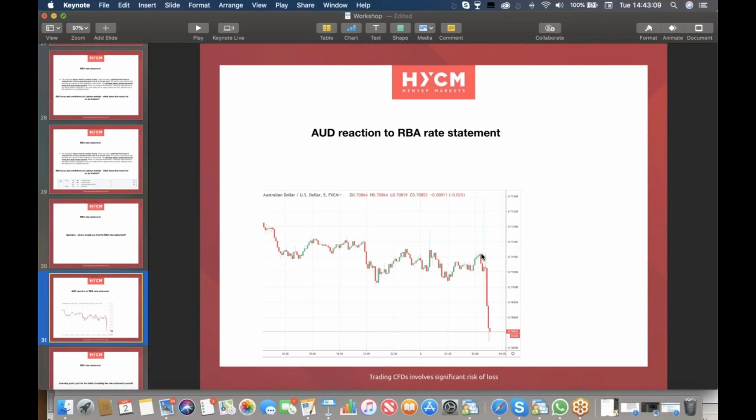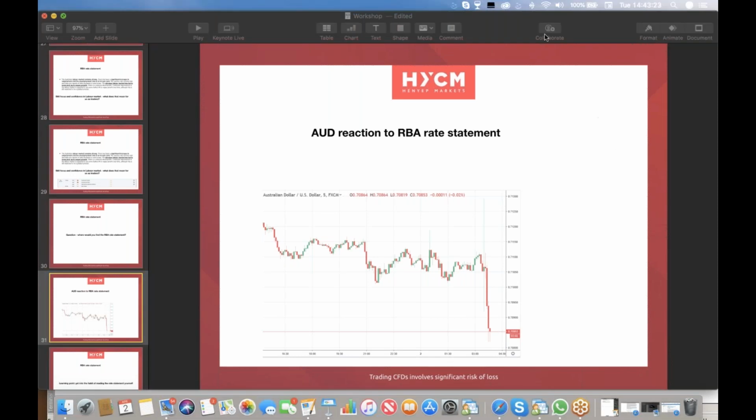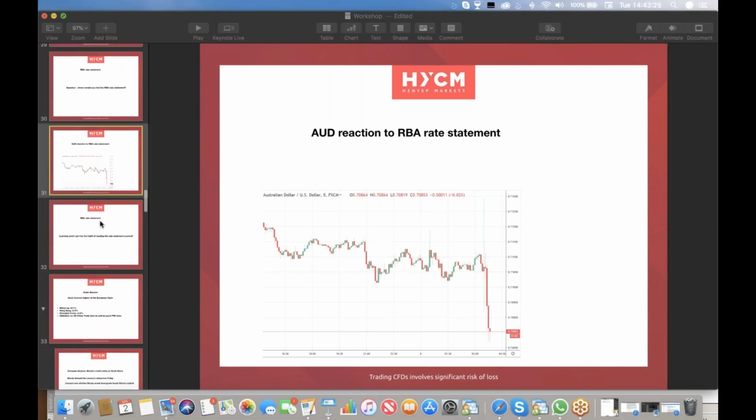The reaction afterwards was eventually selling off. So the settled reaction of the market has been that it was not as bullish as would warrant an appreciation of the Australian dollar, and there's still enough downside there. But that was the initial reaction on the Australian dollar, and the reason is it just wasn't clear cut.